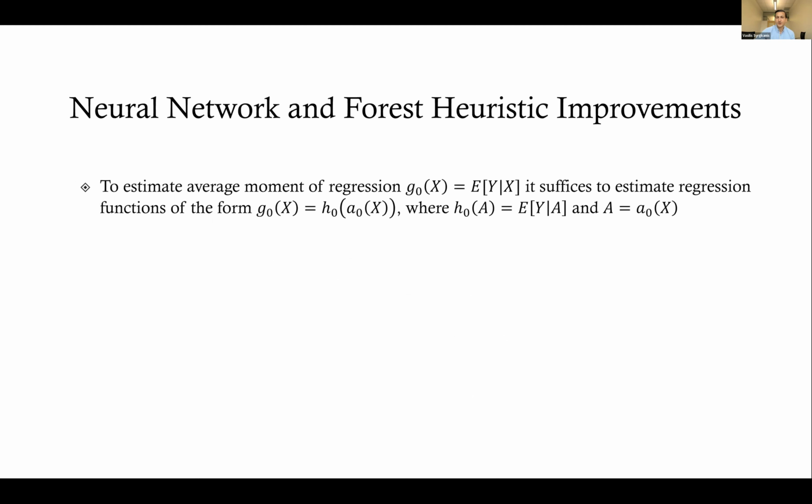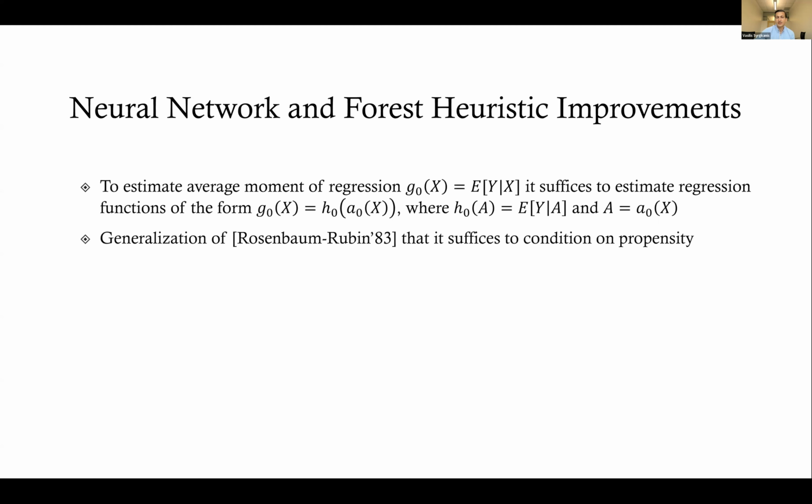And the first observation for neural networks was that you can have a generalization of the Rosenbaum and Rubin result where it suffices to condition on propensity when estimating the regression to get an unbiased estimate of the average treatment effect. This observation generalizes to any linear moment functional.